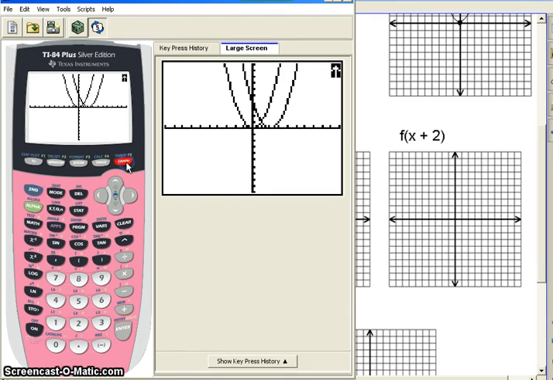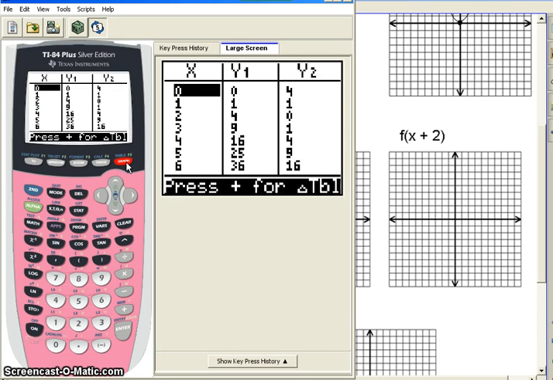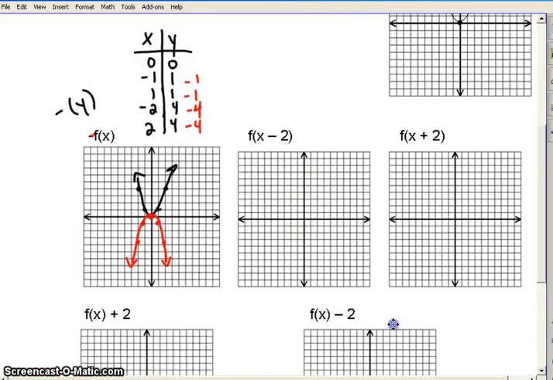Okay, if I look at the table, I can compare the values. Every x value was shifted over 2, and your y values changed. So the original parent function: 0, 0; 1, 1; negative 1, 1.